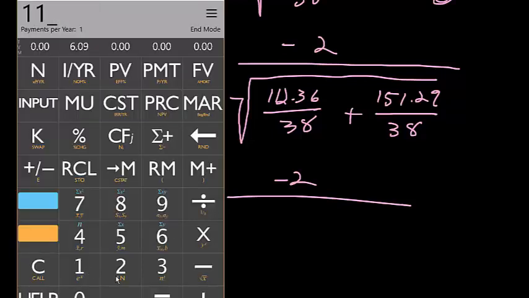Calculator. 112.36 divided by 38 equals 2.96.